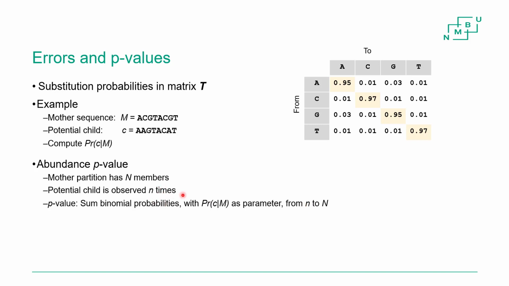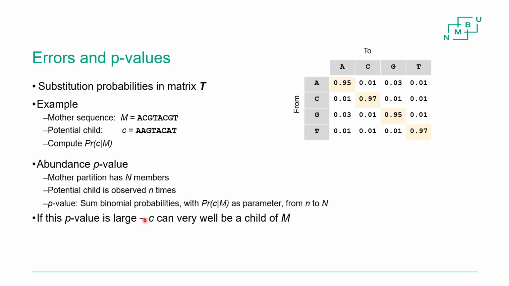I think I would have just plugged this into the binomial probability density and looked at the probability at n copies, and used that as the p-value. But okay. Anyway, you have to make a threshold on this p-value, so it doesn't really matter whether you compute it this way or the other. If a p-value is large, and that means you have to set a threshold here, then C can very well be a child of M.